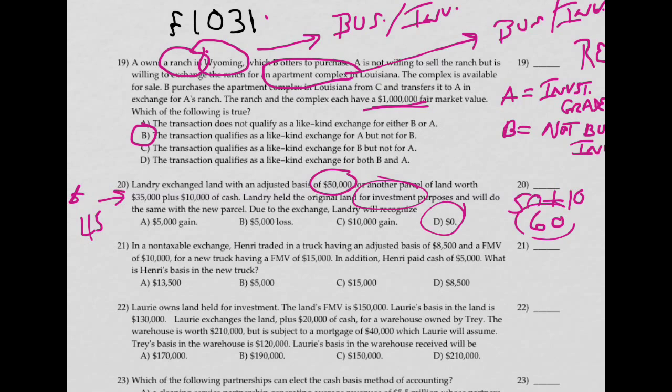So if he already had a $5,000 loss built into the 50, because the value of what he's getting is only worth 45, that's 5, but he gave another 10, so he really should have a $15,000 loss. And so it's preserved by the new basis in the new property of 60, in case you were worried about Landry in this situation.